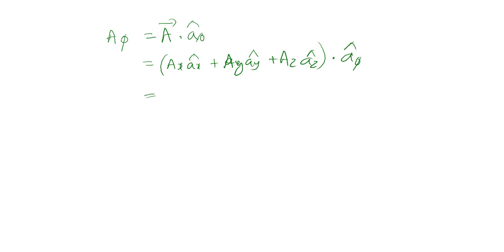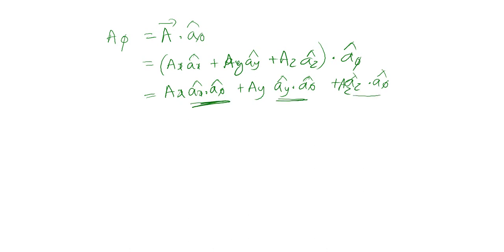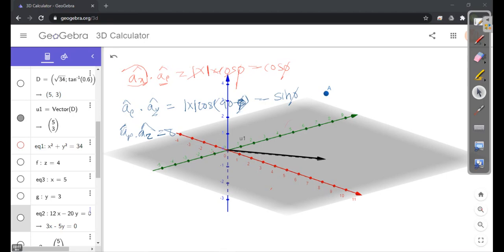That is again AX dot a phi cap plus AY, a scalar, into AY dot a phi cap plus AZ into AZ dot a phi cap. So we want the value of AX dot a phi, AY dot a phi, AZ dot a phi. So we will move to the simulation, and I'll erase all these things.